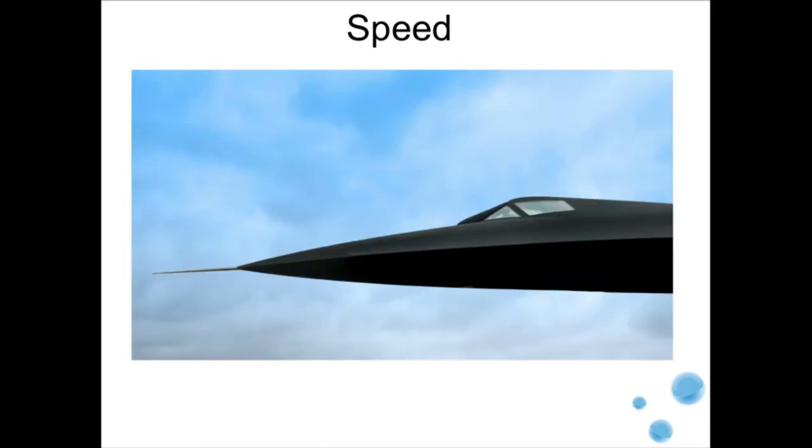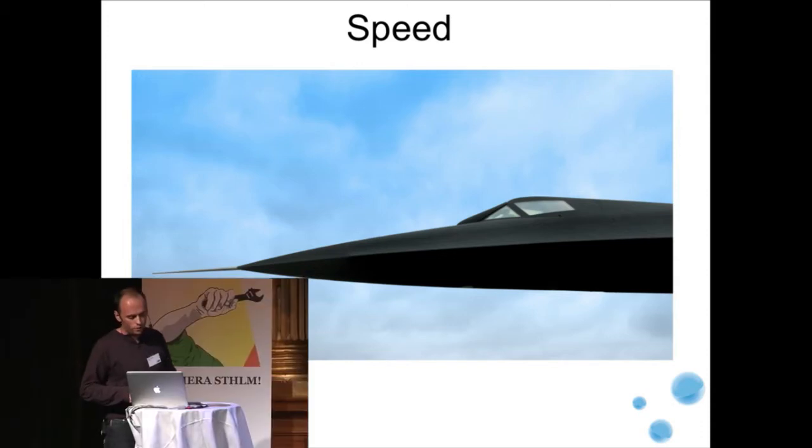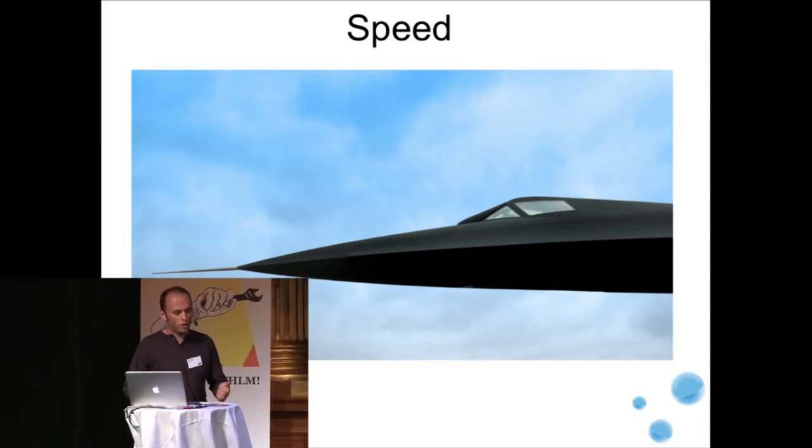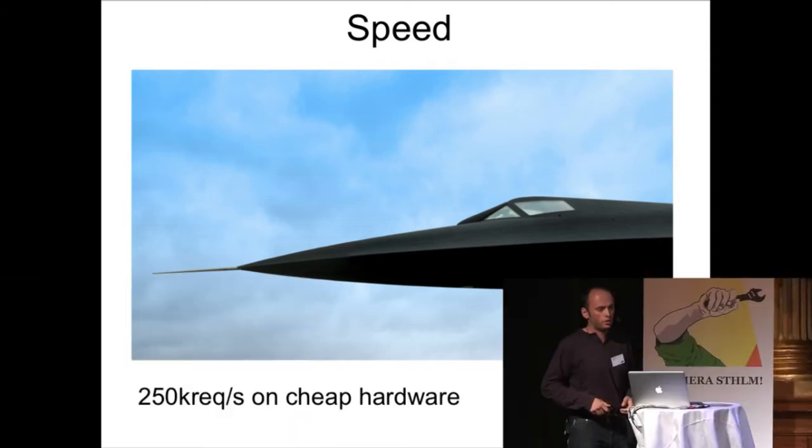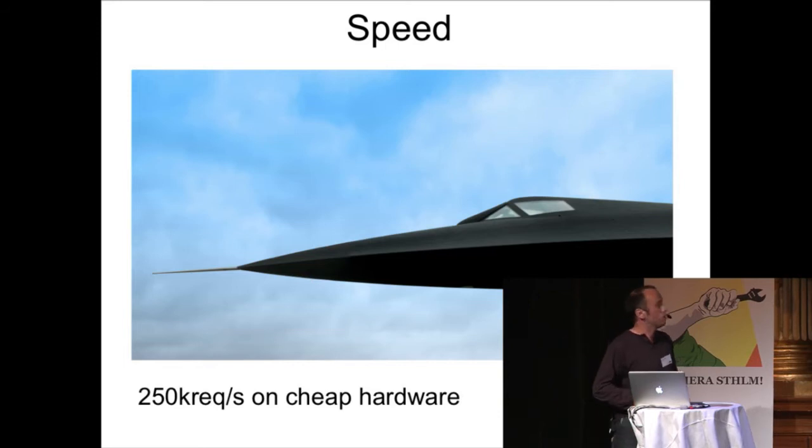The first thing is speed. Varnish has got the speed. When you do lab tests, we managed to push 250,000 HTTP transactions out of a cheap server. Now, this is a synthetic benchmark, so of course it's not really useful for anything.